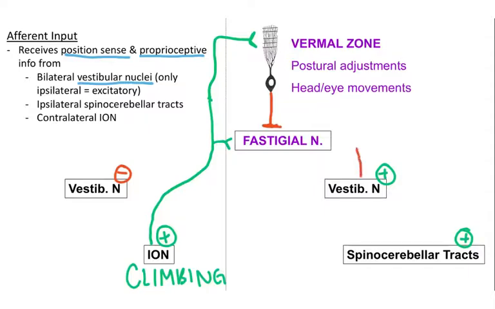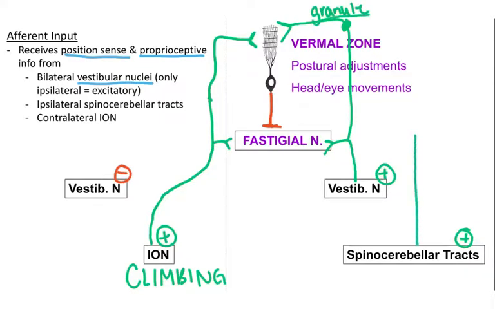We're going to see the same thing from the vestibular nuclei, except this is going to happen via a mossy fiber, so this would actually be happening through a granule cell, but I'm not going to illustrate that every time. And we'll see the same thing via the spinocerebellar tract. The contralateral vestibular nuclei would provide inhibitory output, so that would be a little bit different.